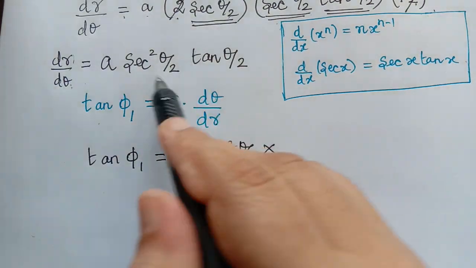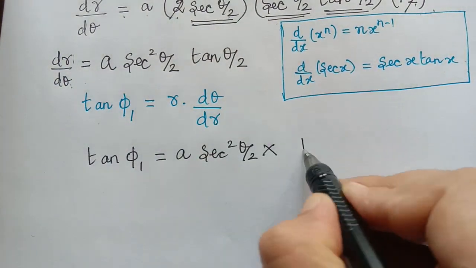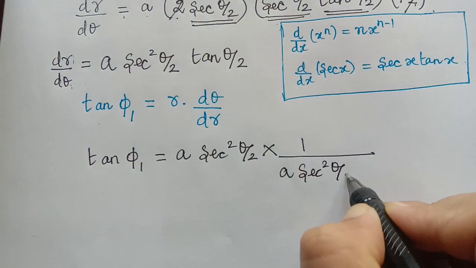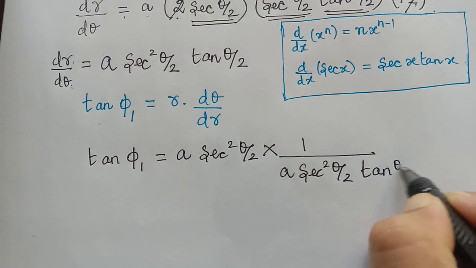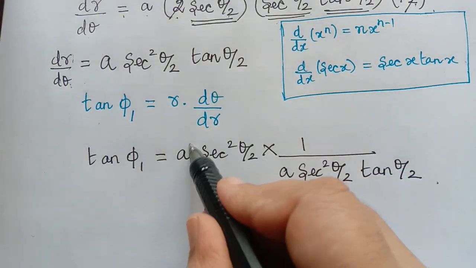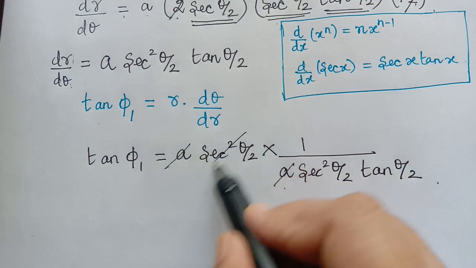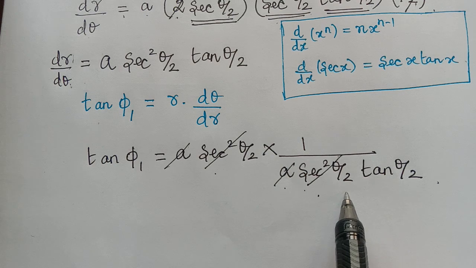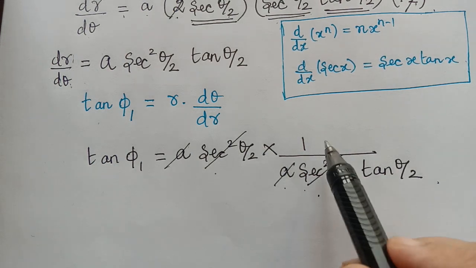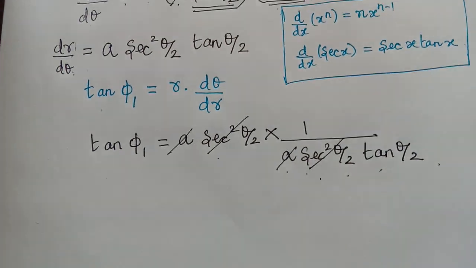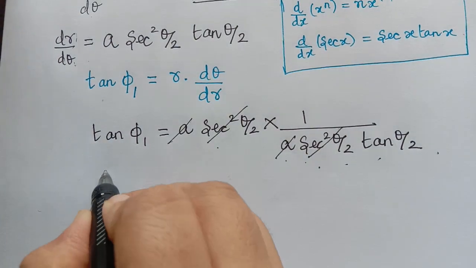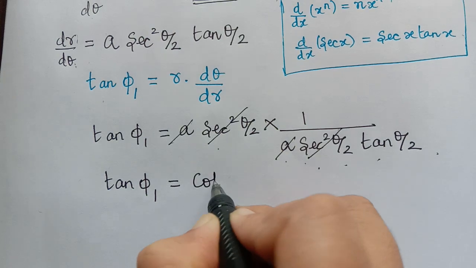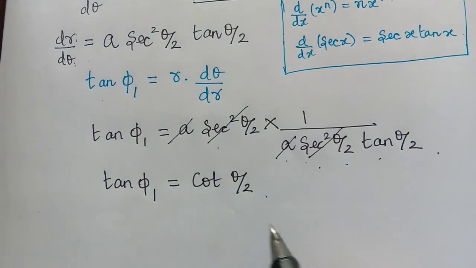So we take 1 divided by a sec²(θ/2) tan(θ/2). If we see, a and a get cancelled, and also sec²(θ/2) and sec²(θ/2), which is in the denominator, get cancelled. And what is 1/tan(θ/2)? It is cot(θ/2). So tan φ1 is equal to cot(θ/2) is what we have obtained.